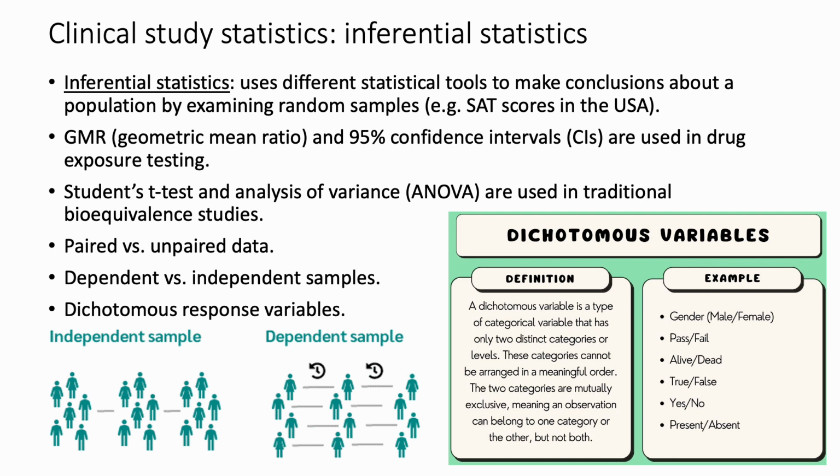So if we are having independent samples, that's what you can see on the left lower part of the slide, we are having three groups here, and each group is independent from another group. For example, we have a drug and a placebo. We give the placebo to group 1. And then we have the drug at 2 milligrams per kilogram, which we give to group 2 in the middle.